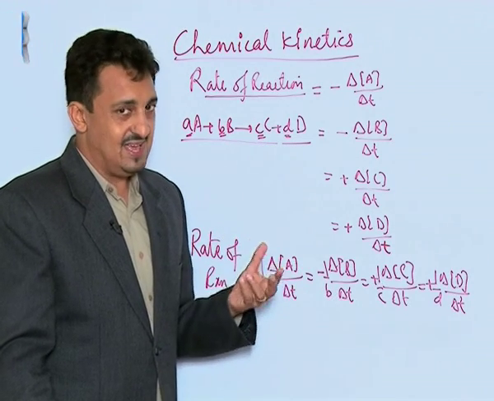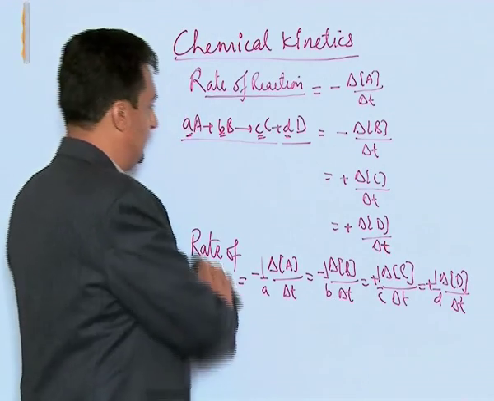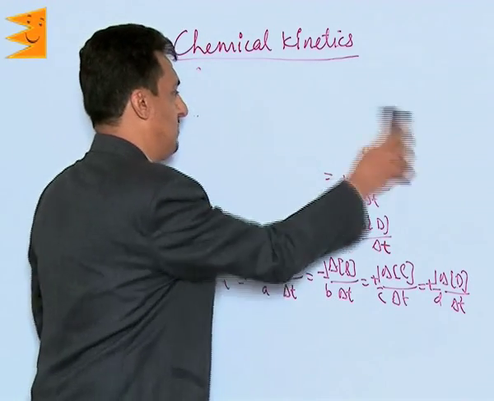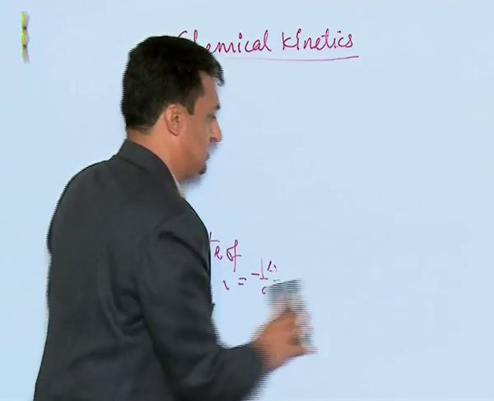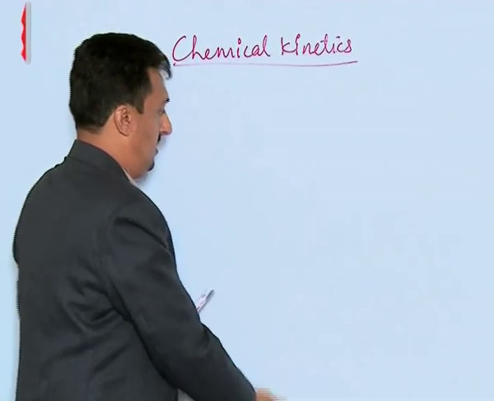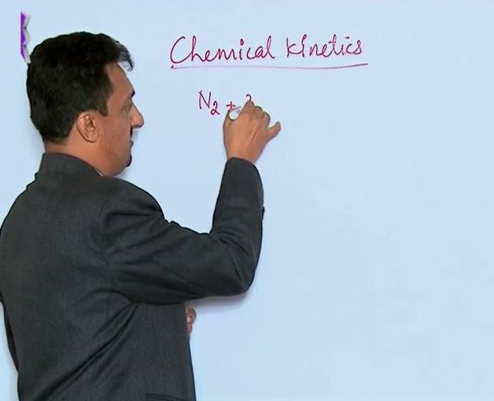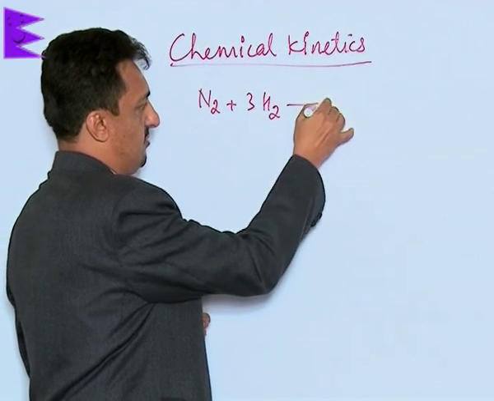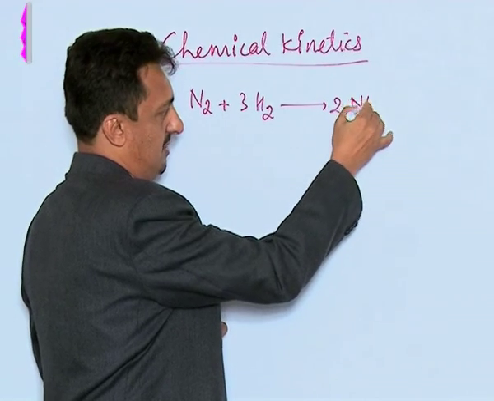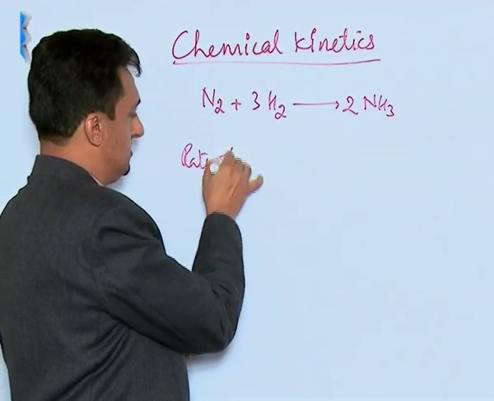So let us take an example to study how we can represent the same thing. Let us take the example of the Haber's process, in which nitrogen reacts with 3 moles of hydrogen to form 2 moles of ammonia.